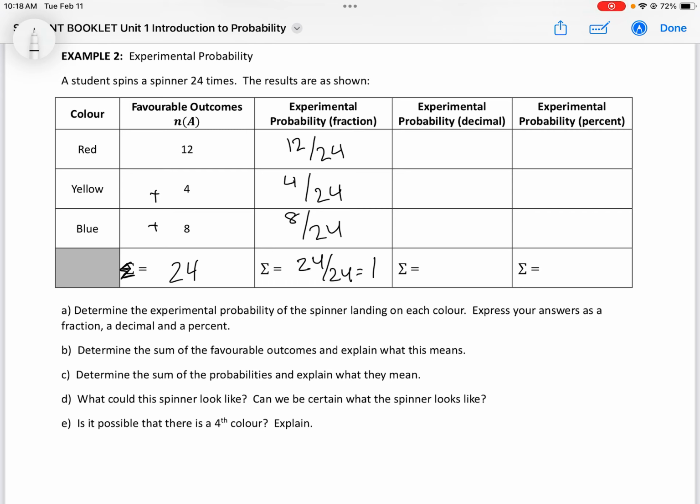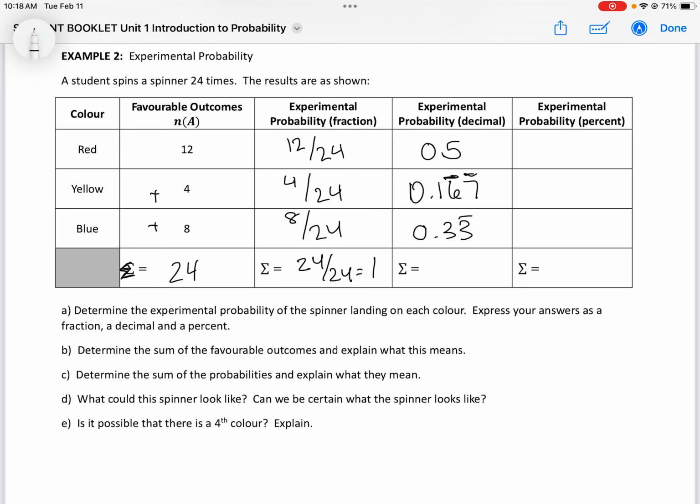Okay, what about a decimal? 12 over 24, I get 0.5. Okay, 4 divided by 24, I get 0.16, and then 7, because the 6 repeats. 8 divided by 24, 0.33, and that 3 repeats.